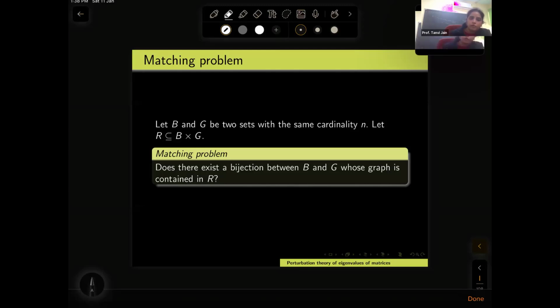When I'm talking of the minimum over all permutations, obviously the number of permutations on n numbers is n factorial.